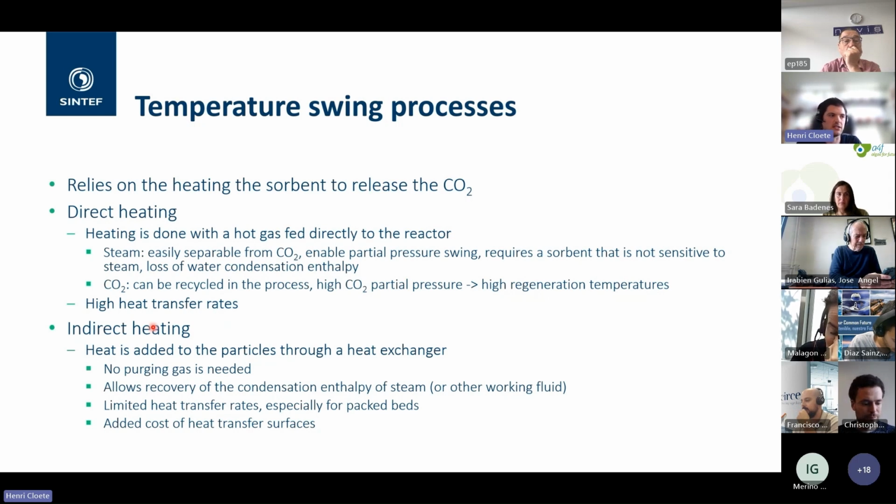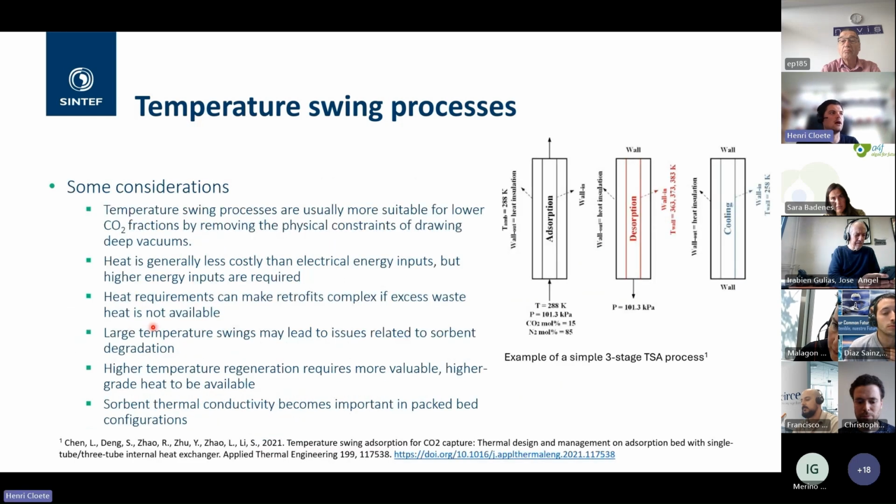But the challenge is that you have lower heat transfer rates because the heat has to be conducted from this tube into the particle bed, and especially for packed bed, this thermal conductivity can be reasonably low. And then if you have low heat transfer rates, then you also need a lot of this heat transfer surfaces, which can add quite a lot of cost to your reactor.